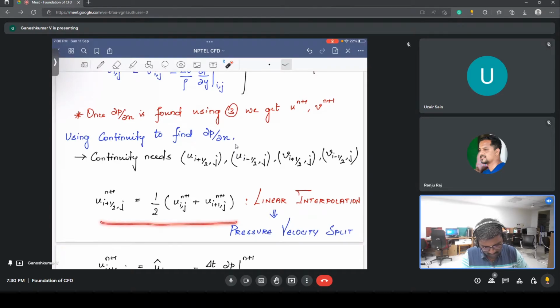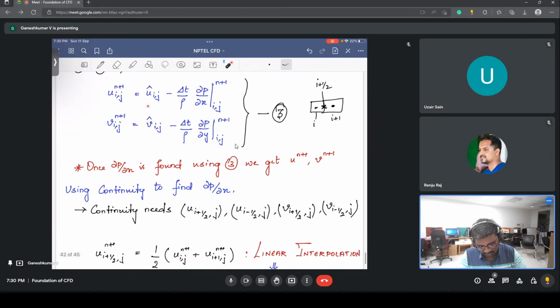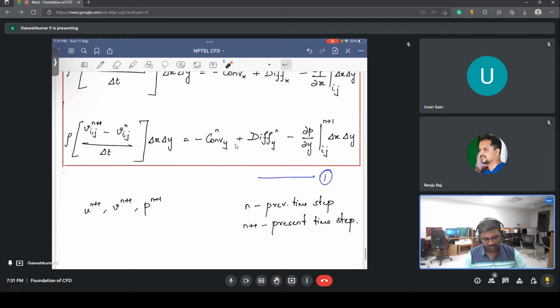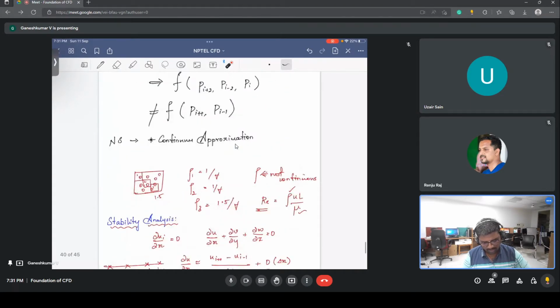We found this, and u at i comma j at n plus 1 is actually the predicted velocity, and here we have the pressure gradient. When you substitute these things and then substitute this whole thing in the continuity equation and simplify it, if you discretize the pressure gradient term too, you will end up getting pressure velocity split. That is what we saw in the last class.